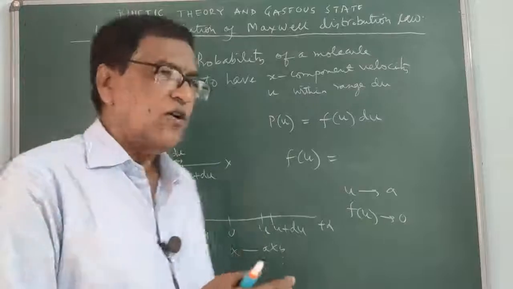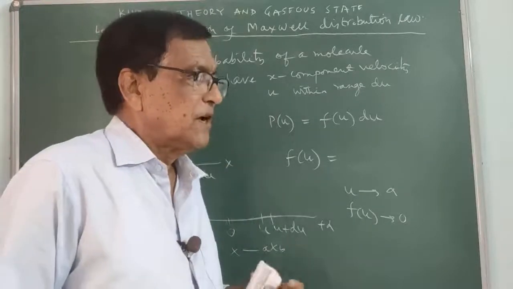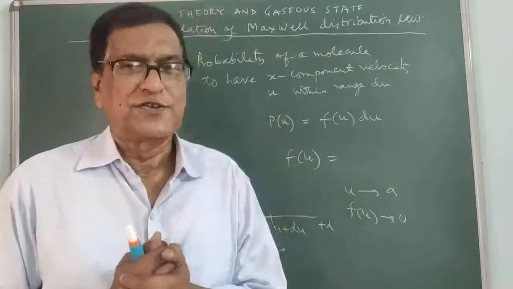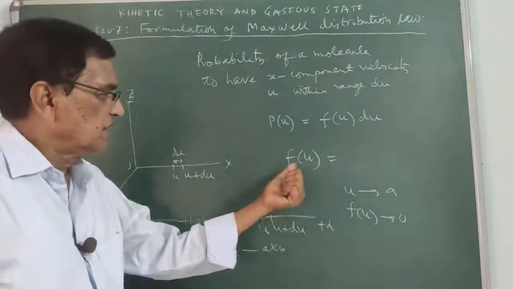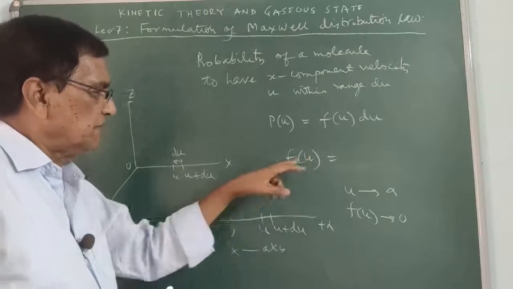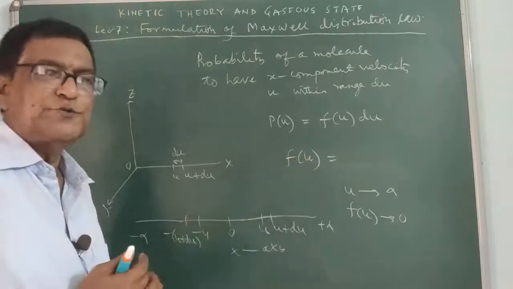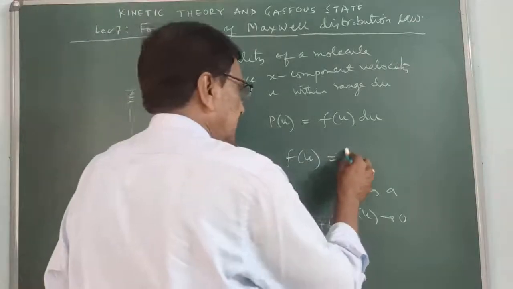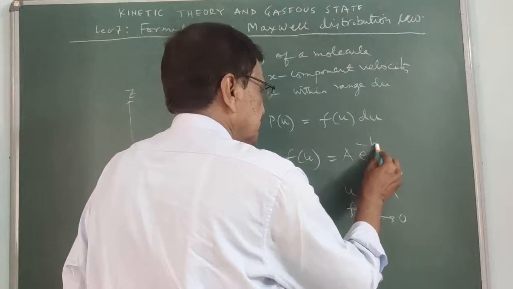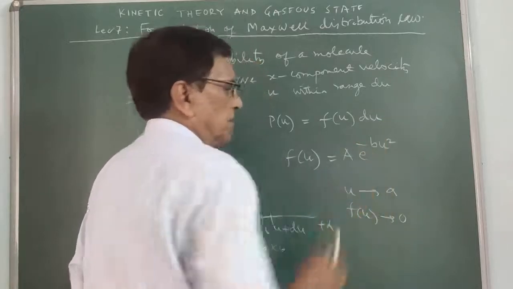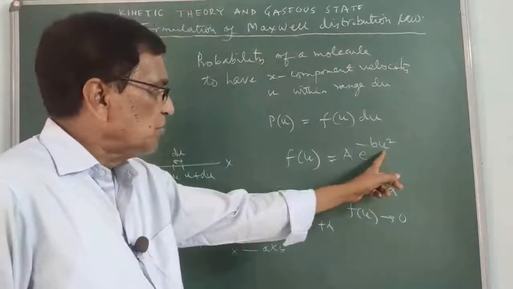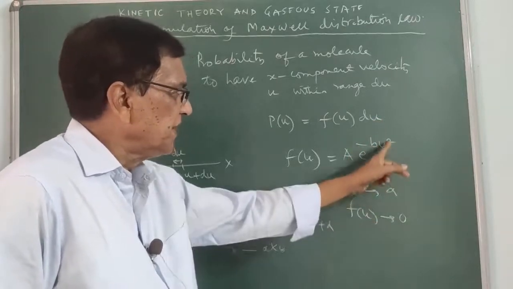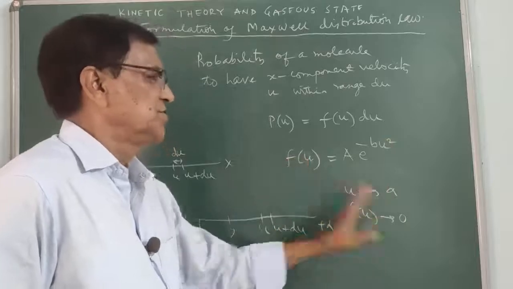So considering all other aspects of the x component velocity distribution function, it has to be A times e to the power minus b u squared. If u tends to infinity, then f(u) tends to 0.